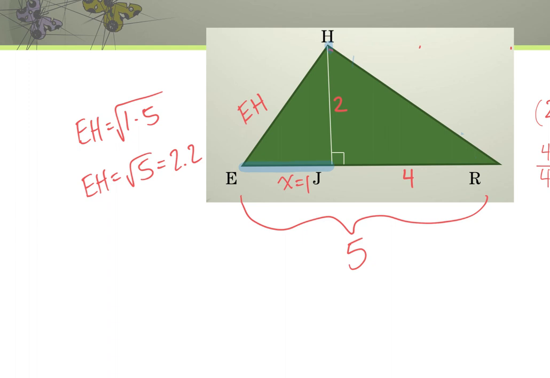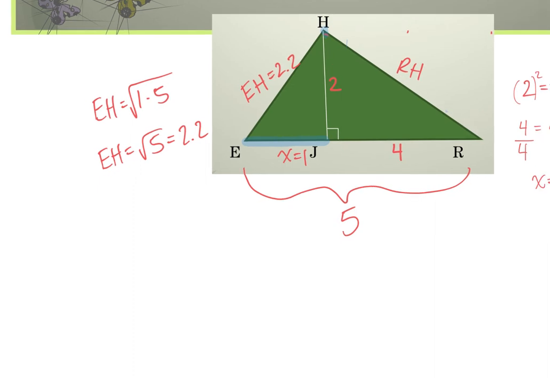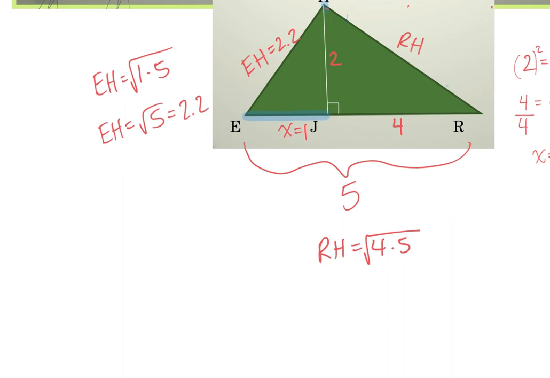And now the only thing that we're missing is RH, like Mariana said. Okay? So RH, remember, is going to be the geometric mean of what? Jaden? 4 and 5. Okay? So RH is going to be 4 times 5, and then do what with it? The square root. So it's going to be the square root of 20, right?